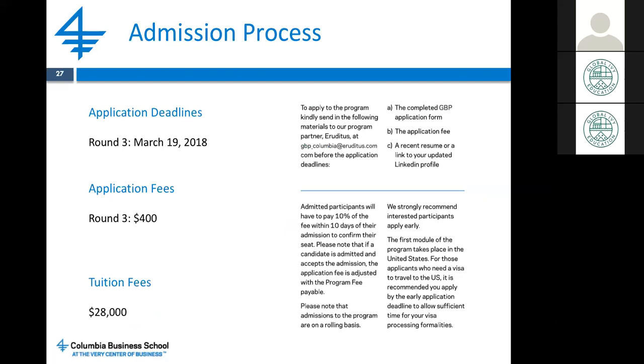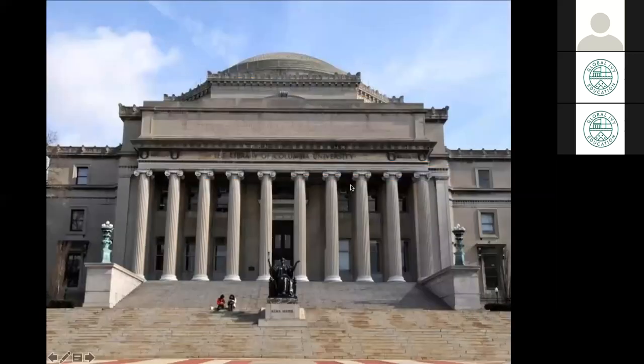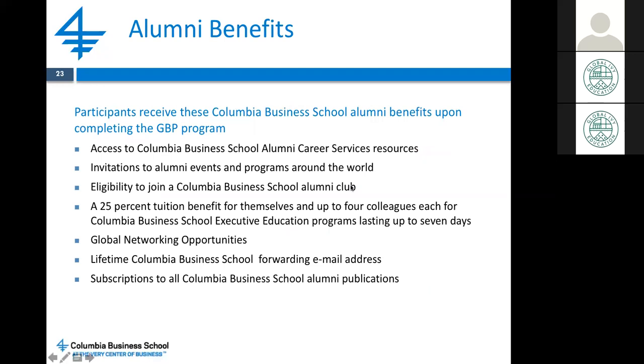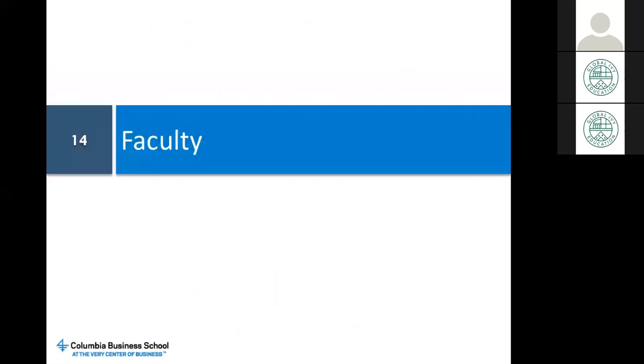There's a question on whether the experts would be doing the webinars, or would they be part of the classroom modules as well. Again, it's interspersed. As you saw, let me just go back to one of the earlier slides.